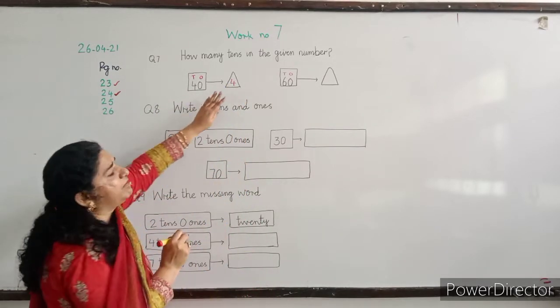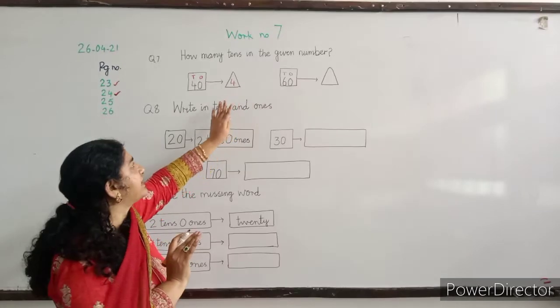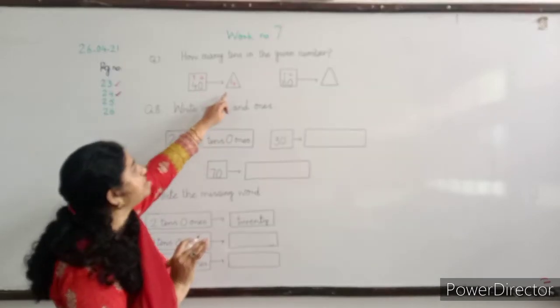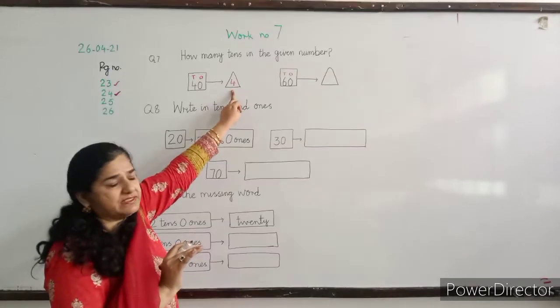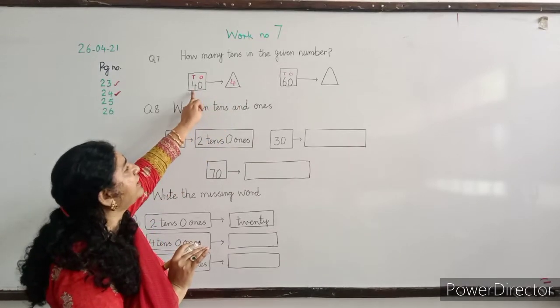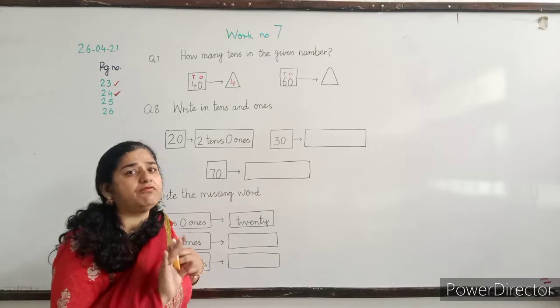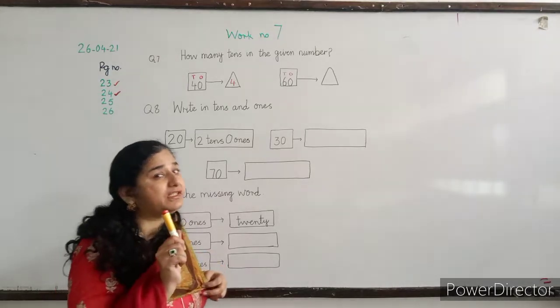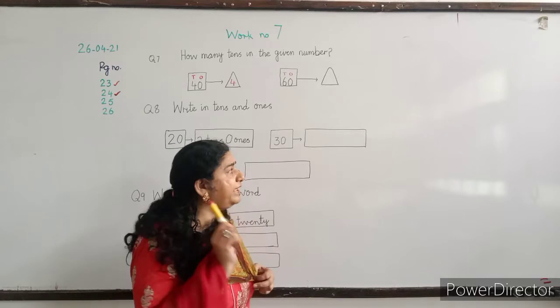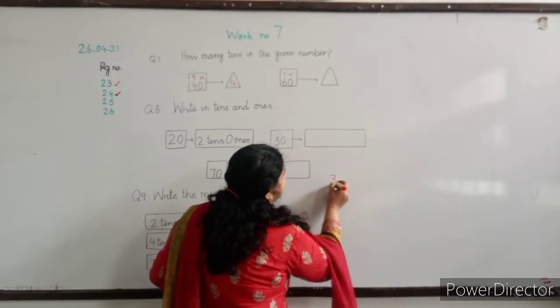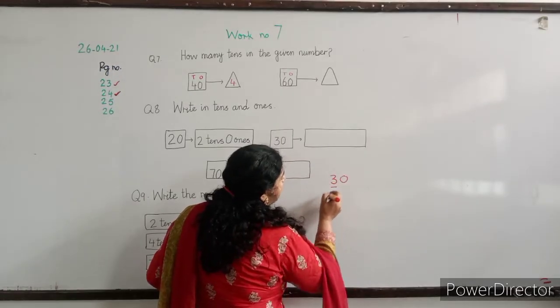They are asking us about only tens. They are not asking us about ones. So you just have to write tens. How many tens are here? 4 tens. It means in 40 there are 4 tens. So in 30 there are 3 tens. Look here. In 30 there are 3 tens.